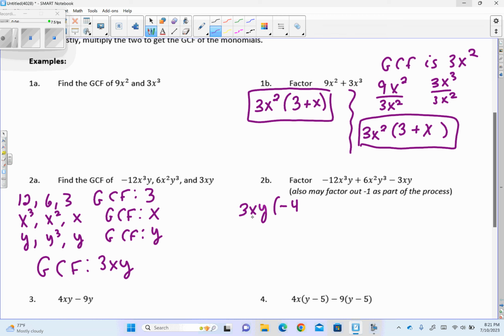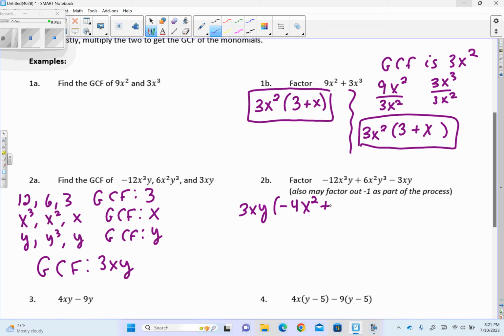If I have x to the first and I need x to the third, I would have to multiply by x to the second, because x to the first times x to the second means I would add the exponents, and that would give me x to the third. Then the GCF has y to the first power, and I need y to the first power, so we don't need any more y's.